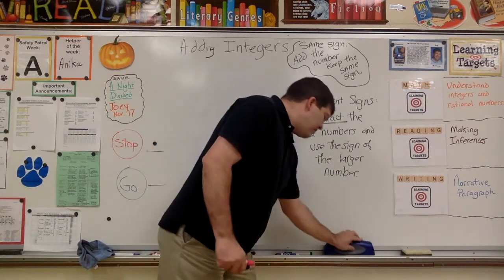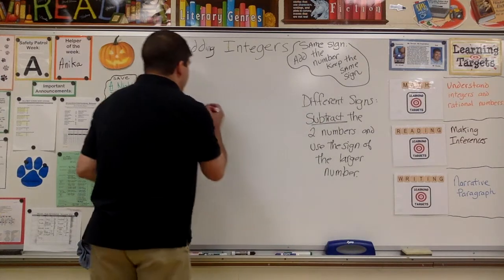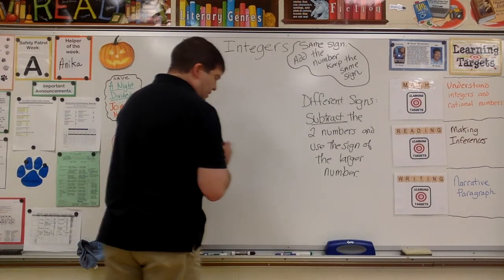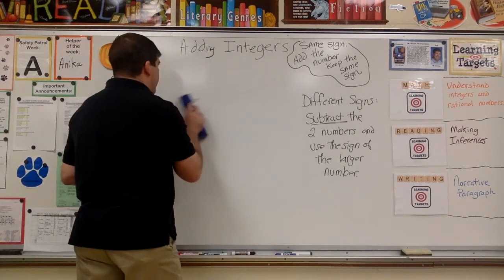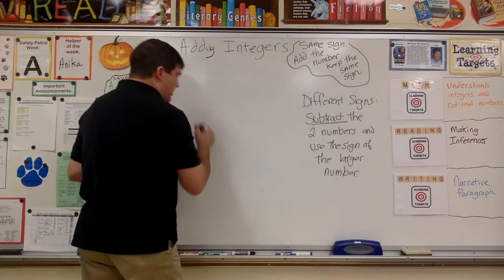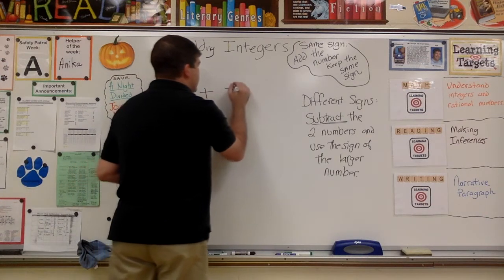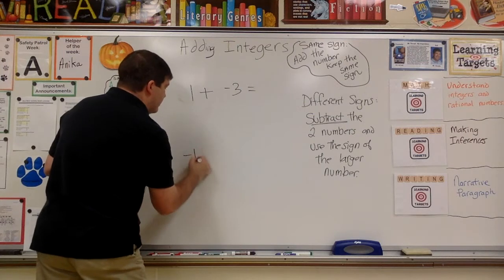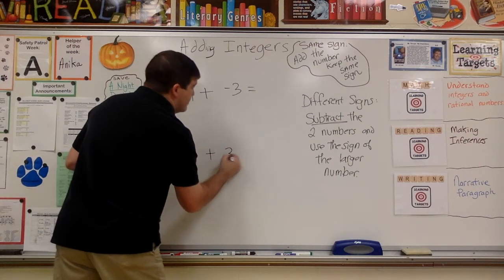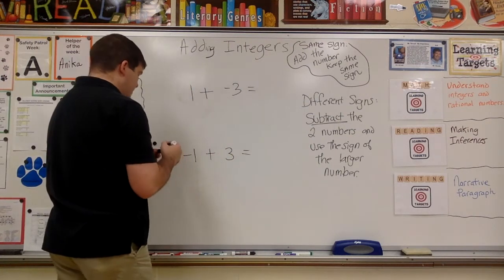Let's look at another one that's different signs. What if I would have 1 plus negative 3. 1 plus negative 3 equals, and then I'm going to do it down here, I'm going to do the other way. Negative 1 plus a positive 3 equals. Okay?